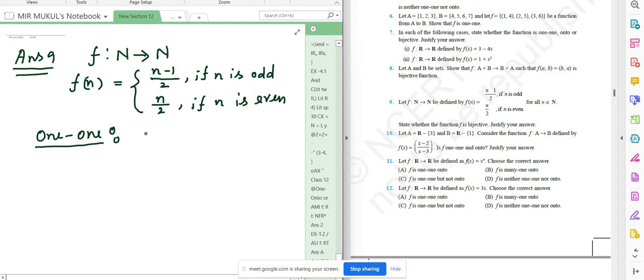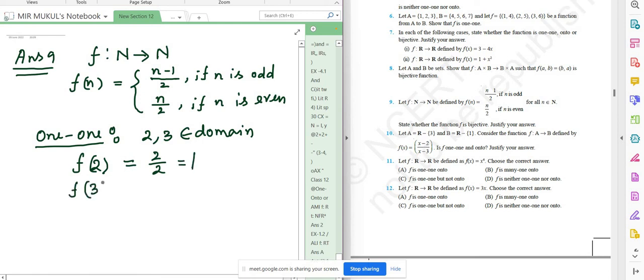So here you can say 2 and 3 belong to the domain and they are distinct. Now f(2), since 2 is even, we have to put the value of n here. That means 2 by 2. So we are getting 1.